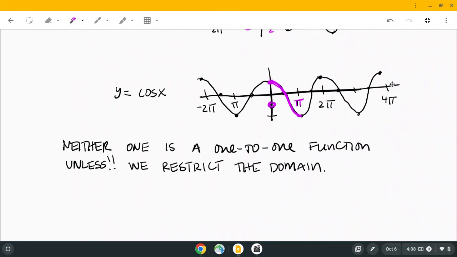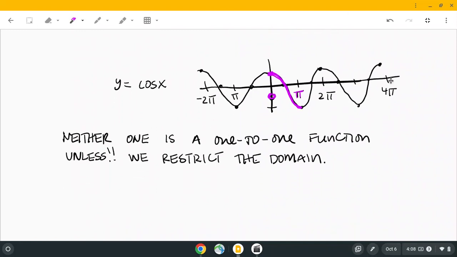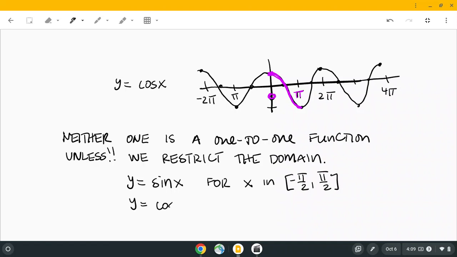So what happens here is we restrict the domain. For y equals sine x, we restrict it for x in between -pi/2 and pi/2. And for cosine, we restrict the domain for x's in 0 to pi.